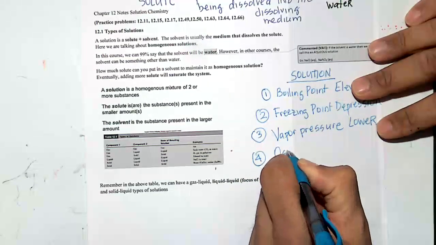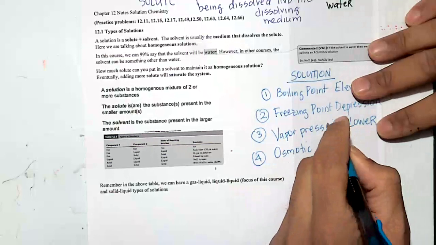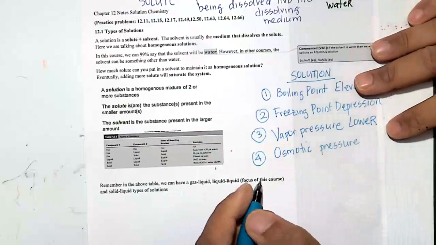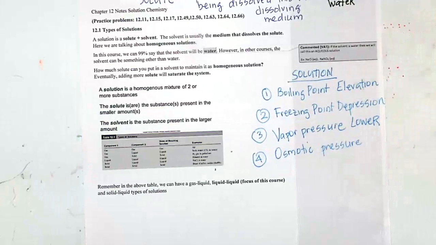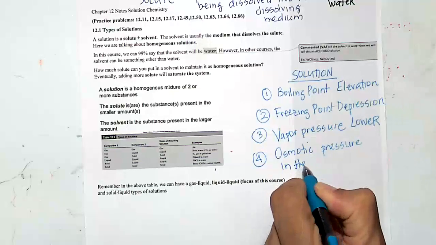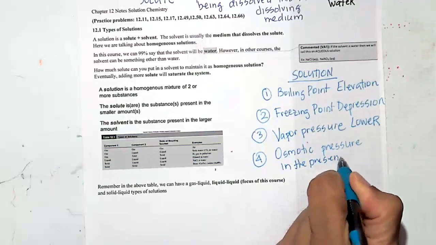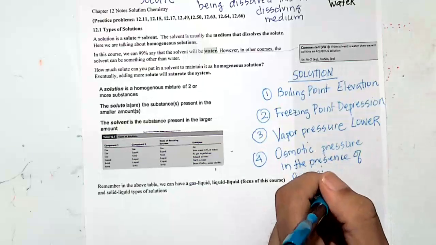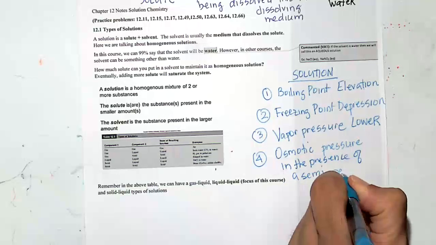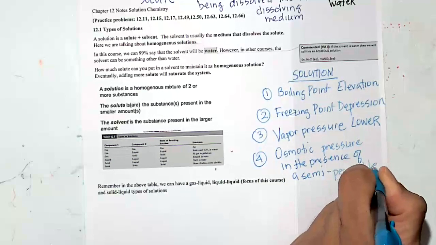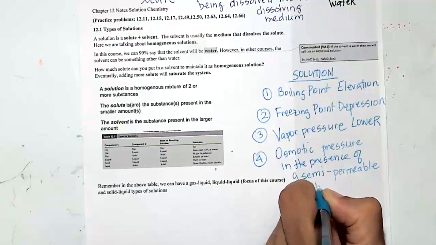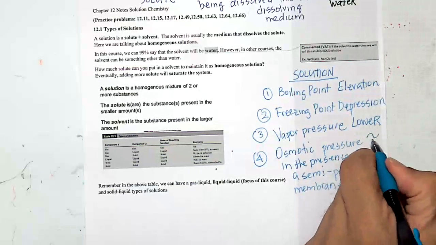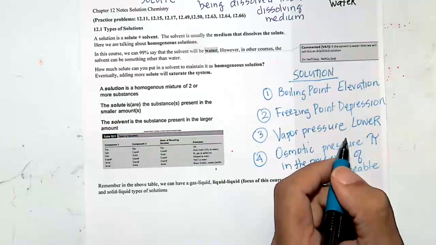One of the things that will also happen the minute you add a solute to a solvent is that you'll have osmotic pressure in the presence of a semi-permeable membrane, like your plasma membrane, for those cell biology majors. This osmotic pressure for some strange reason has the abbreviation pi.